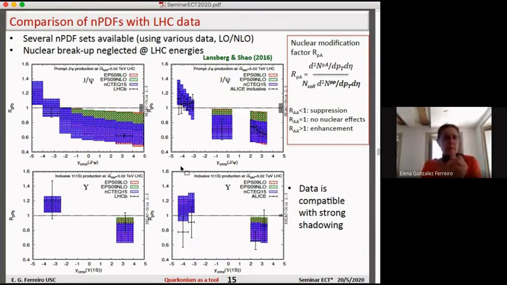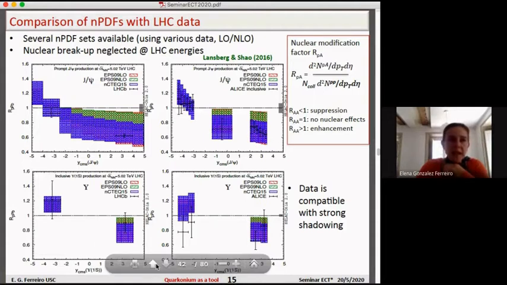So here, what do you have? Here you have the suppression of the ground state, so the J/psi in the case of the charmonium, the upsilon 1S in the case of the bottomonium, compared to the data. The data, I don't know if you see very well, but here you have the data, here also. And these are different nuclear PDF approaches.